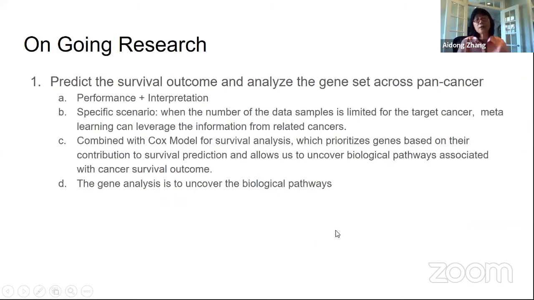Now, for ongoing research, what we really want to do is to go back to cancer to predict the survival outcome and analyze the gene set across different cancers. We also want to perform interpretation of the predictions. In survival analysis, there is a difficulty because you have censored data, where you don't know when the specific event occurs.